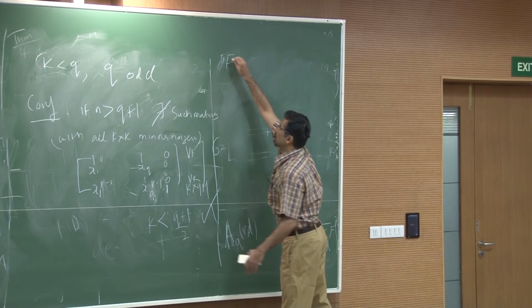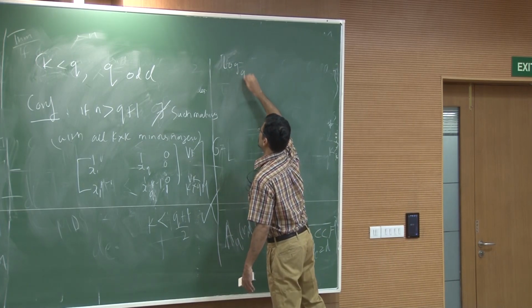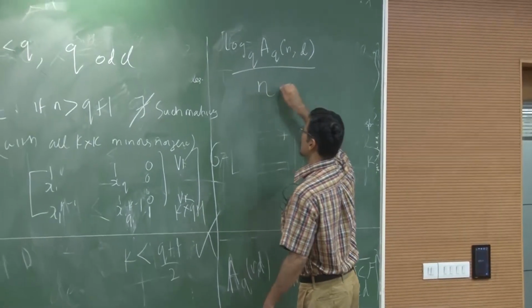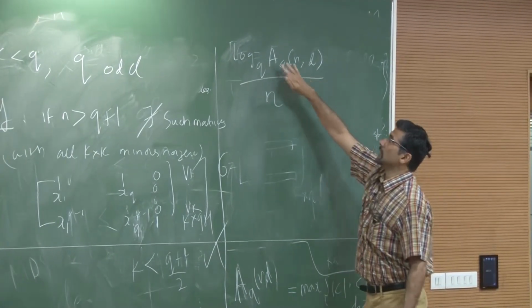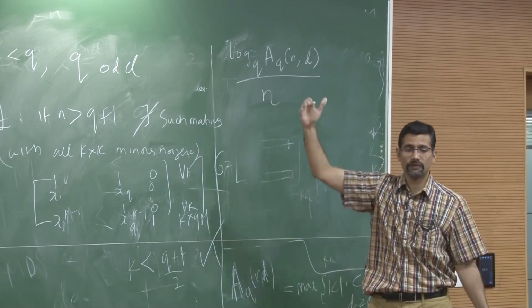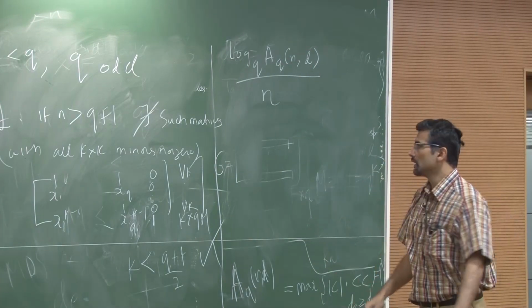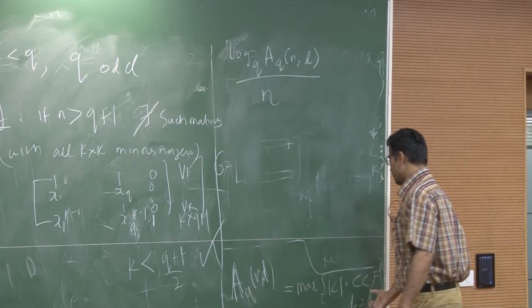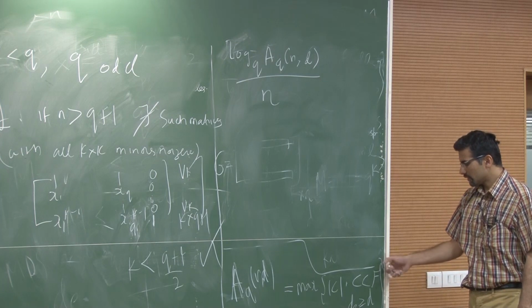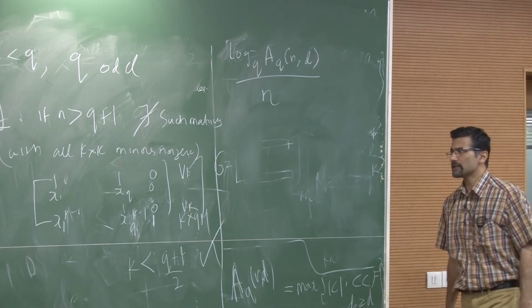So let me put it down: log_q A_q(n,d) over n. You want to maximize, yeah. If you replace this with m, this is the largest possible m. This is the largest possible efficiency. It's a number between 0 and 1, which you can achieve for a code inside F_q to the n of minimum distance at least d.